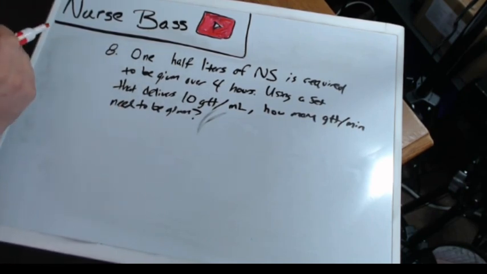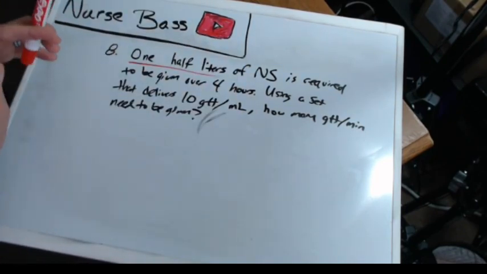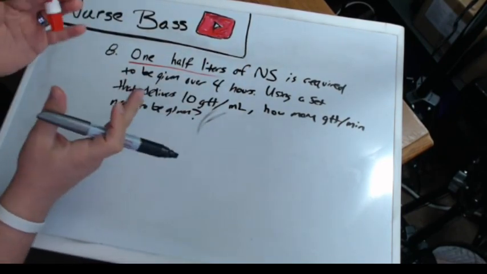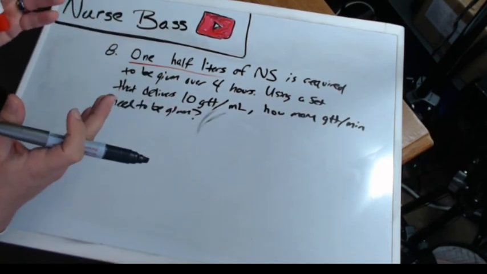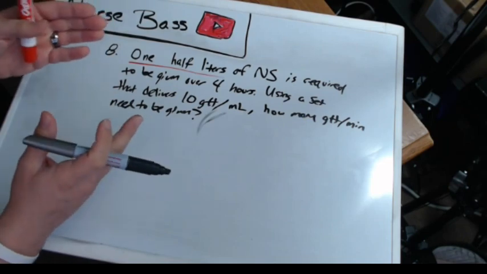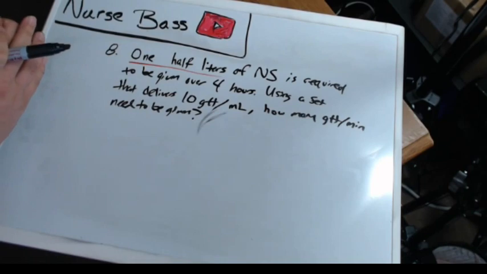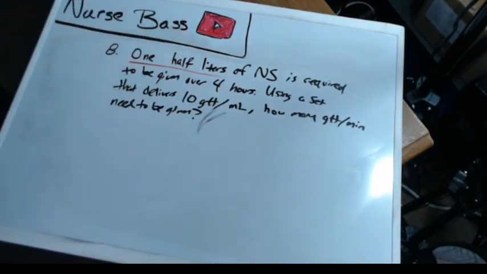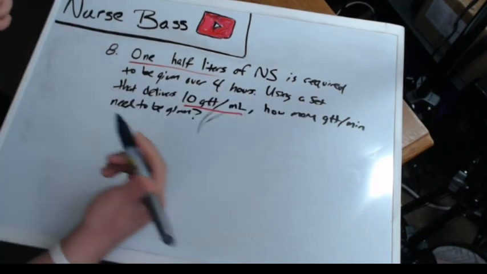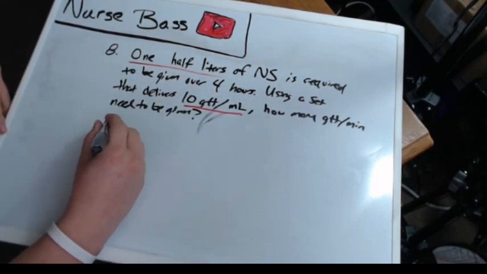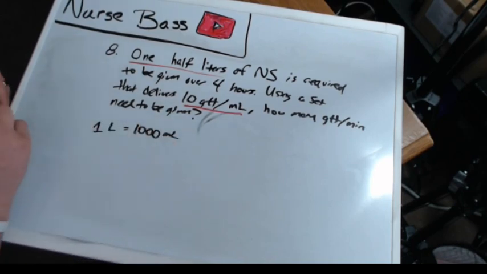Our total amount of fluid is 1/2 liter. Now, in your mind, if you already know the answer to how many milliliters is in a liter, let's just do that, because you have to have your answer in milliliters, okay? It can't be in liters. 1 liter is equal to 1,000 milliliters.